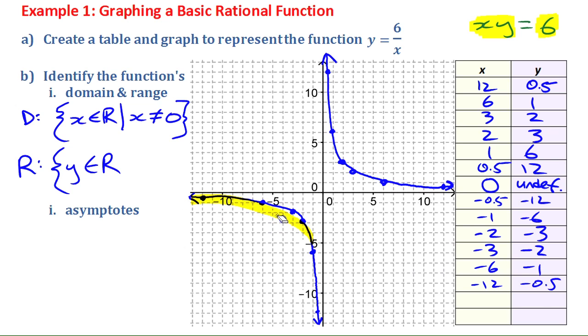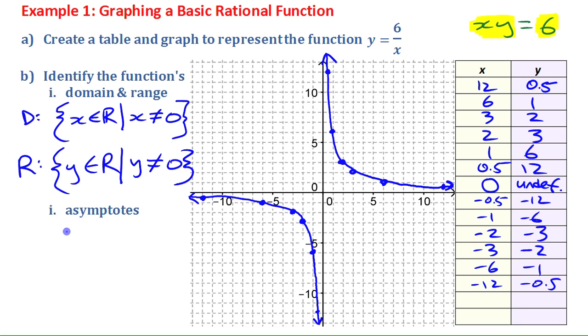It's going to cover every possible negative y value, but it doesn't actually hit 0 itself. So for the same reason, the range is going to be all possible y values except 0. So we're going to say everything except 0 there.